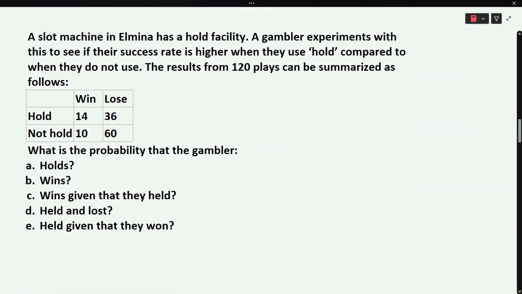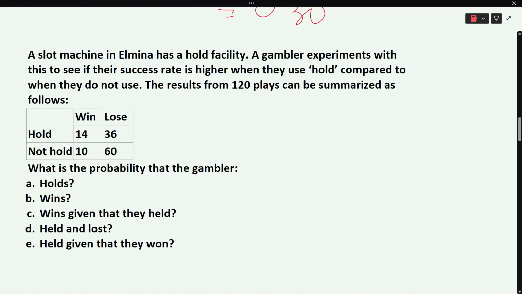Right, let's solve the next one. A slot machine has a hold facility. The gambler experiment is to see if their success rate is higher when they use hold compared to when they do not use it. The result from 120 plays can be summarized as follows.